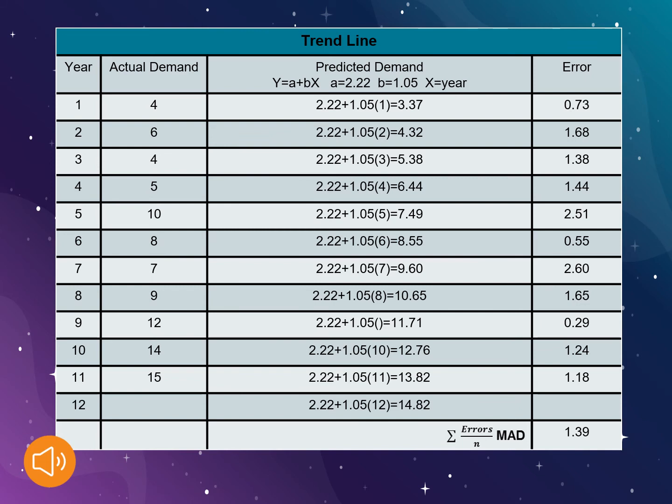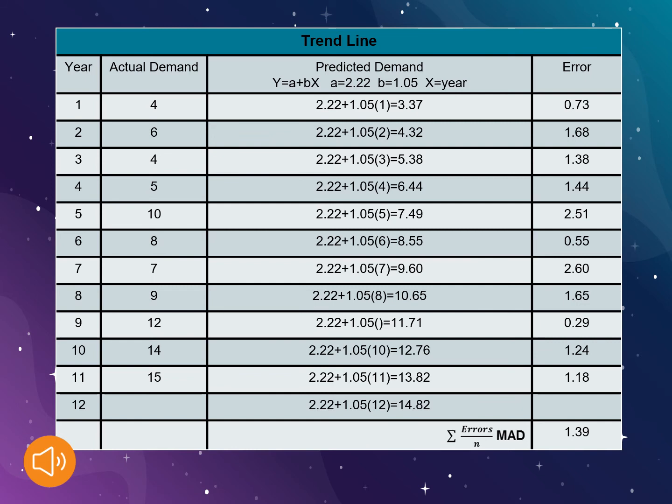With that, for year 1, with the actual demand of 4,000, we have a forecast of 3,370. Again, these are in thousands, or 3.37, which has a discrepancy from the actual demand of 0.73, or 730.